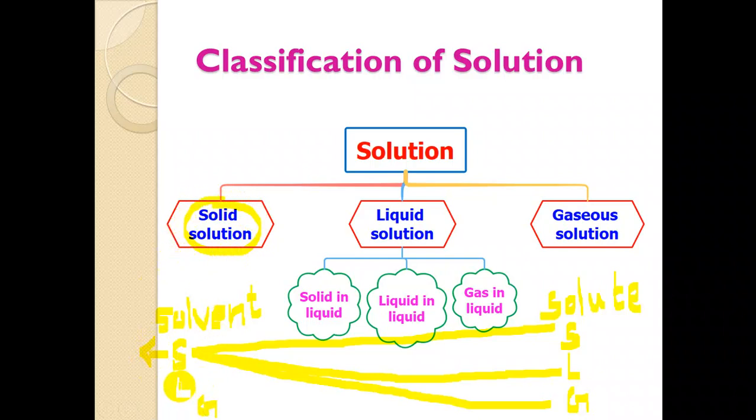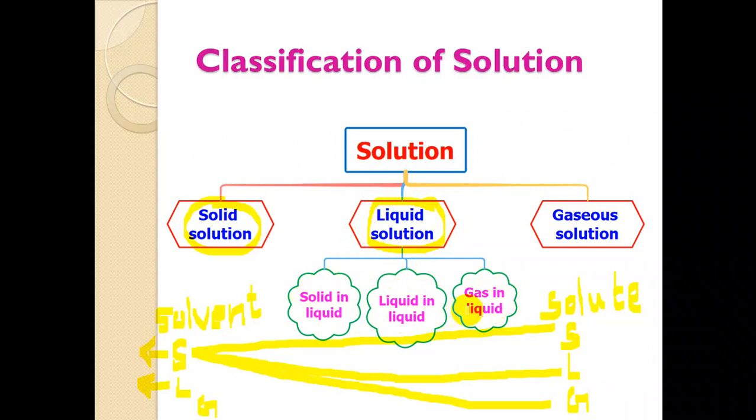Same way you can mix a liquid solvent with solid solute, liquid solute and gaseous solute. Again you will get three different forms of solutions. They are known as liquid solutions. Solid solute in liquid solvent, liquid solute in liquid solvent, or gaseous solute in liquid solvent.